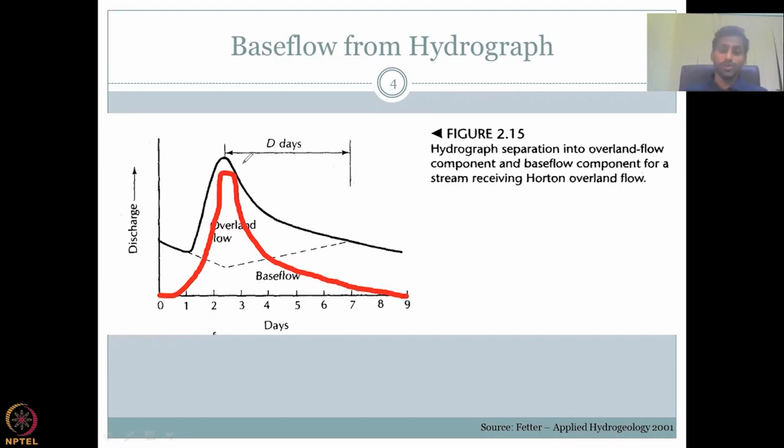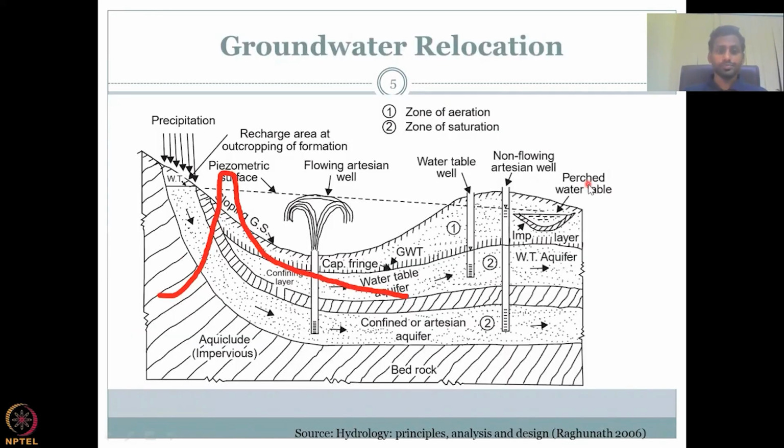Okay. So moving on, let me put back my spotlight. So moving on, you have the groundwater relocation. What is the groundwater relocation? You have seen the base flow component.